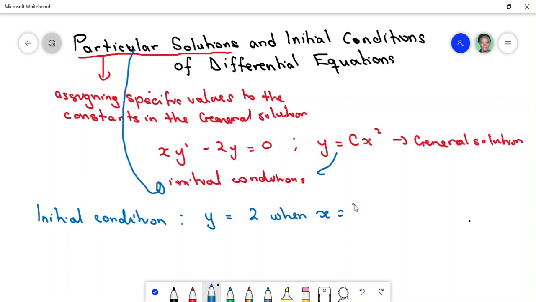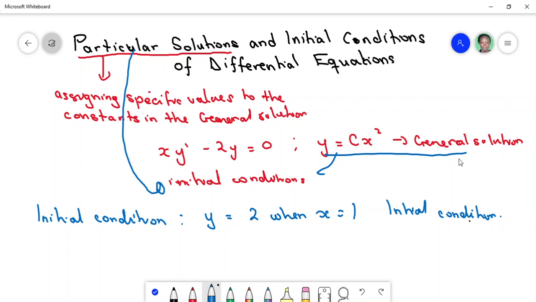So this is our initial condition. Very good. So from here, you realize that if we have all these details, then we can find the solution of a differential equation. With this example, this is the general solution.